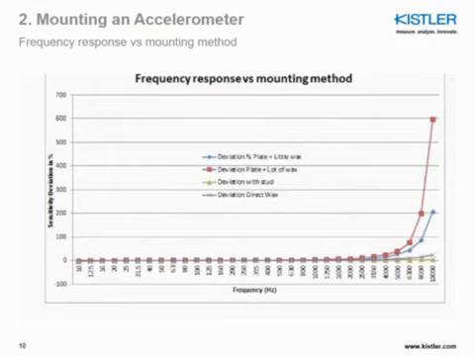Then the next one in line will be the adhesive mount using an isolated plate, which is the blue curve. And then the last one is using this isolated plate but using way too much wax. So you can see that the mounting can really affect the frequency response of your sensor, but at the end of the day, the optimal way of mounting the sensor will always be the stud mount.